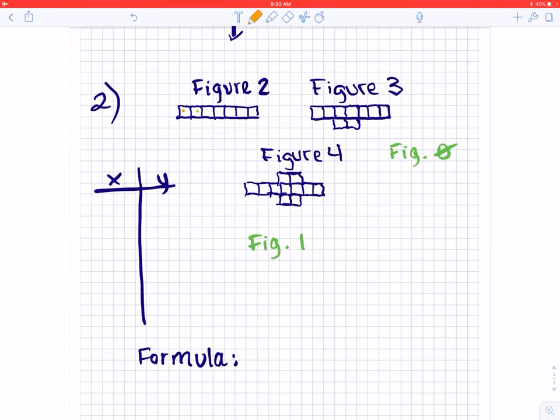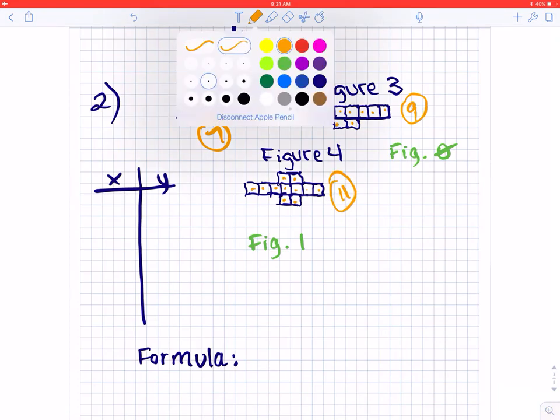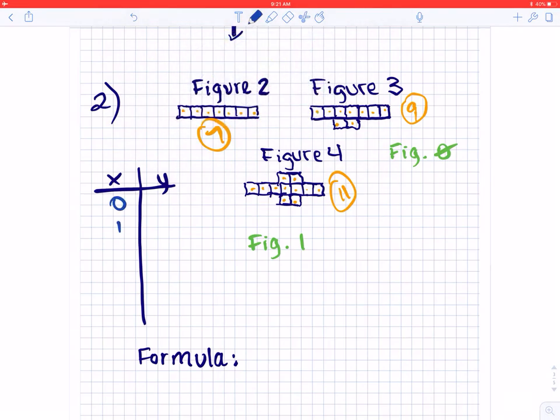Here I have 1, 2, 3, 4, 5, 6, 7 tiles. Here I have 1, 2, 3, 4, 5, 6, 7, 8, 9 tiles. And here I have 11 tiles. So I need to set up my table. I always am going to have 0, 1, 2, 3, and 4. Because I would count in my tiles, I know figure 2 has 7 tiles, figure 3 has 9 tiles, and figure 4 has 11 tiles.